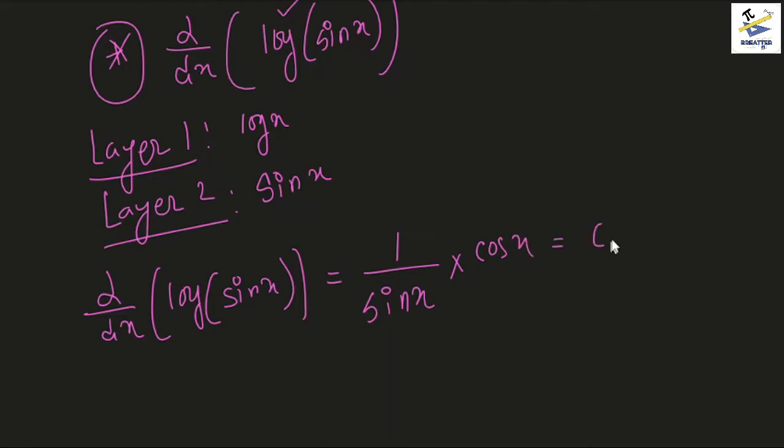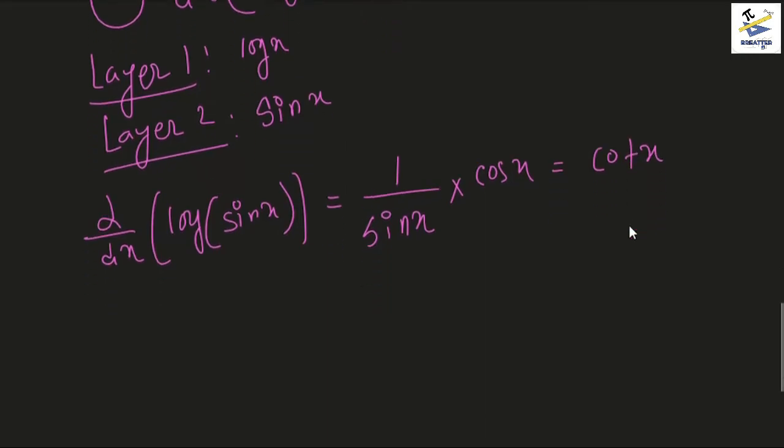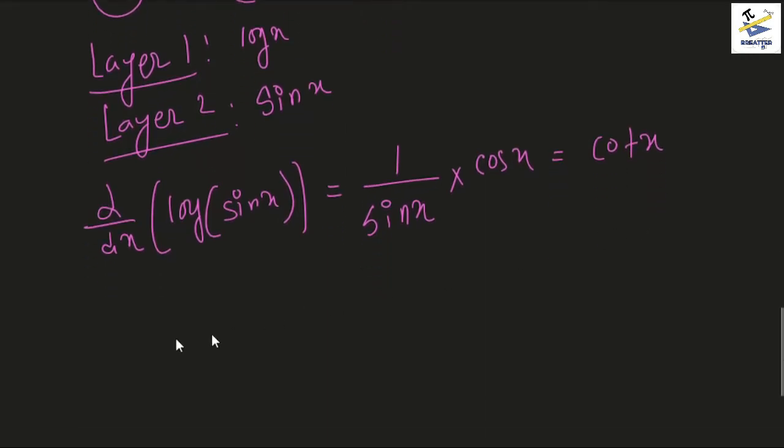And cos x by sin x is simply cot x. So you see we have got the answer. d/dx of log sin x is just cot x. Okay, so this is not really a very hard one to be done. Let us move to other examples.